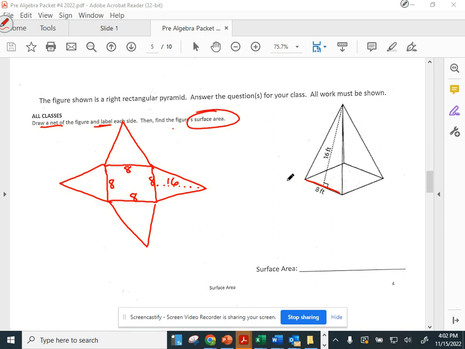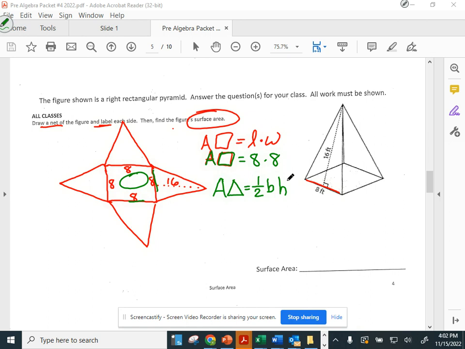So to find the area of my square or rectangle, it's length times width. The area of my square is going to be the length times the width. So 8 times 8 will give me this area. Then my area of a triangle is 1/2 of my base times my height.